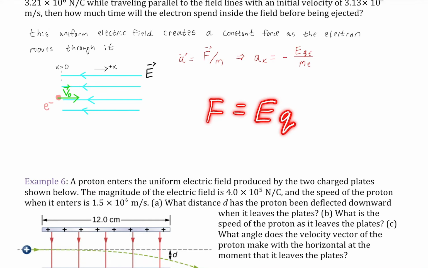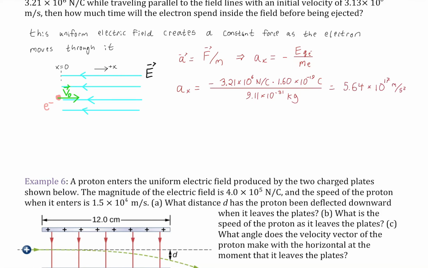E for electric field, units of newtons per coulomb; Q for charge, units of coulomb. That makes sense, because the coulombs cancel out and we get newtons of force. Then divided by mass to get an acceleration, in the negative direction based on the coordinate system. Plug in our values, and there is our acceleration. It's a huge acceleration, about 100,000 trillion, but that's because it's such a small particle.